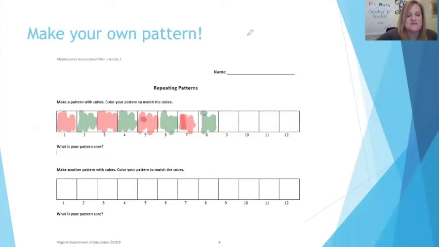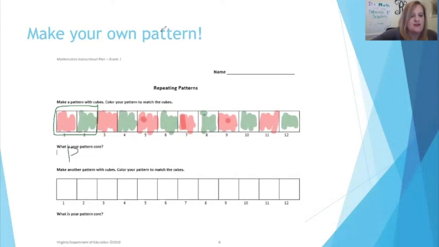And then I decided to make it easier on me and I said, oh, well, I know that every other one is going to be pink and every other one will be green. So what is my pattern core? Can you tell me what my pattern core is? Right, pink, green.